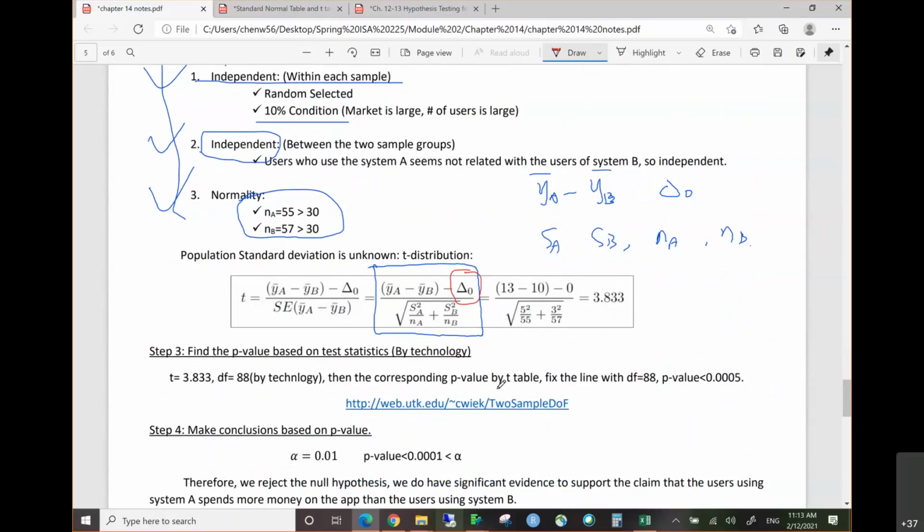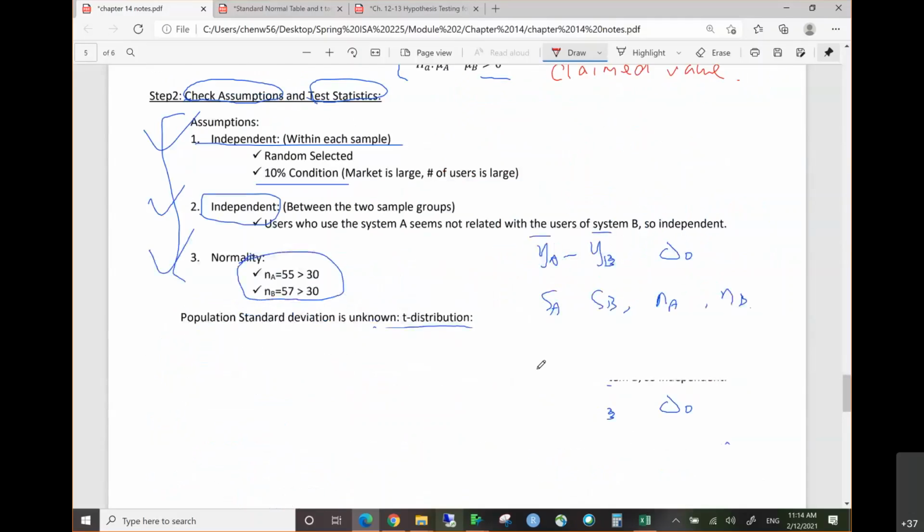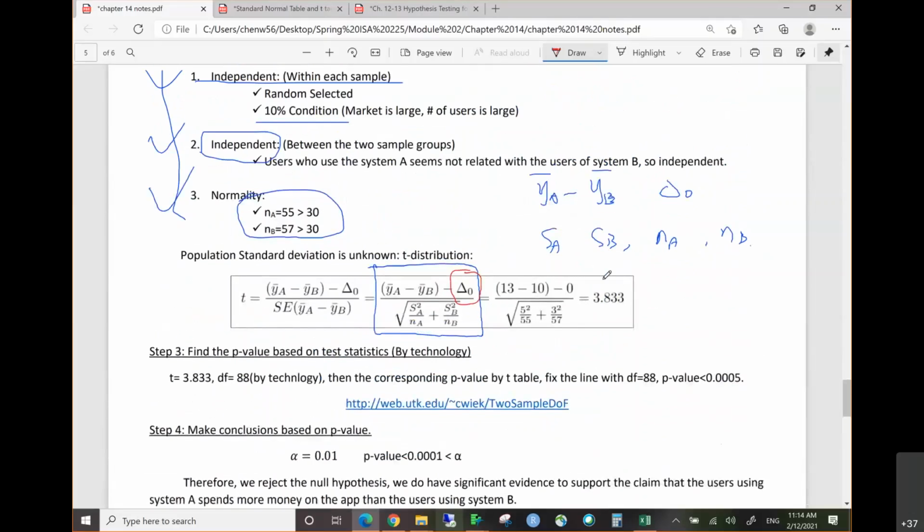We need to go back to our hypothesis, right? So we are testing about 0. So this is our delta 0, our claimed value in our hypothesis. All right, so in this formula you have everything. Just calculate the value as your t-test statistics.